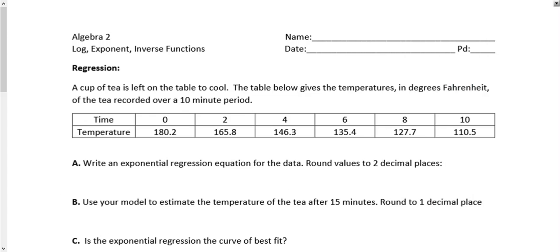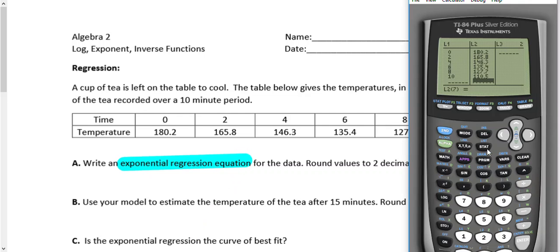So, part A says write an exponential regression equation. And in order to do that, in our calculator, we hit Stat, we go over to Calc, and we're looking for exponential, which if we keep scrolling down to number 0, we see ExpReg, so exponential regression. So we want that. Then we go down to calculate, and here is our equation.